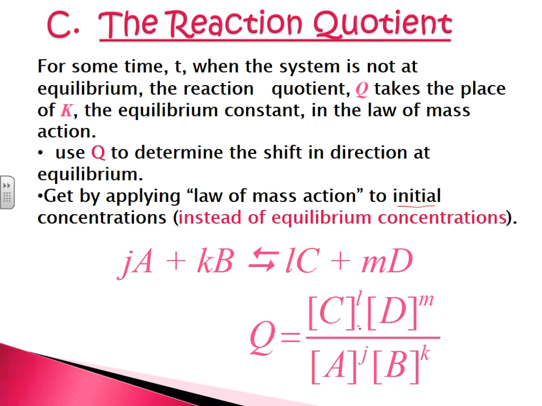So the initial concentration of C raised to the l power times the initial concentration of D raised to the m power divided by the initial concentration of A to the j times the initial concentration of B raised to the k. Remember, these little zeros at the bottom represent initial concentrations at the very beginning.